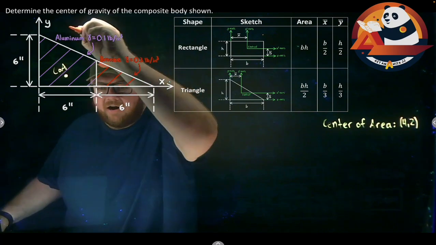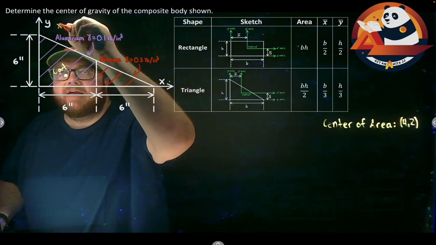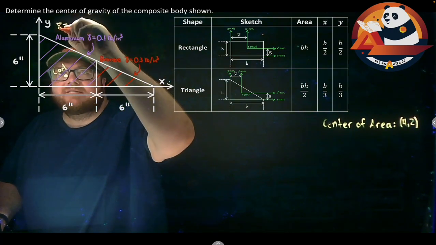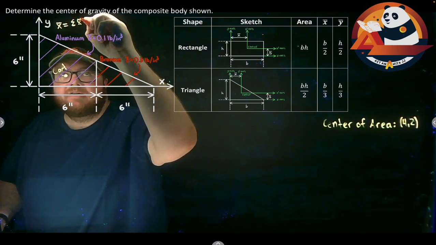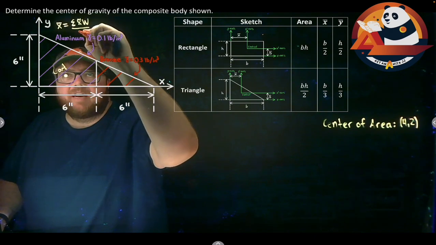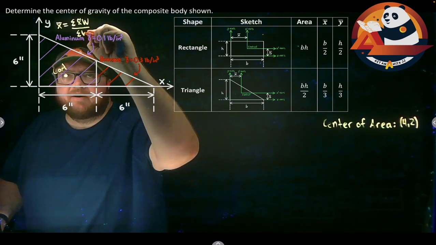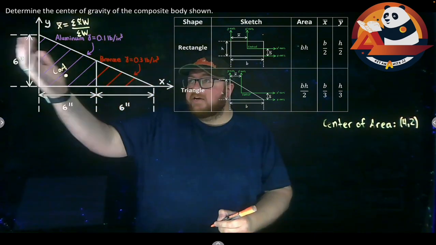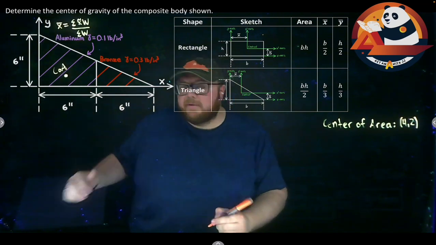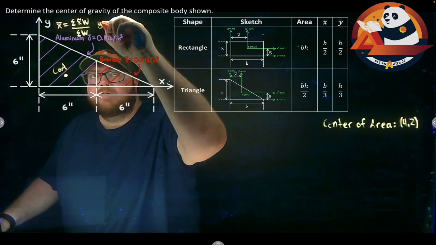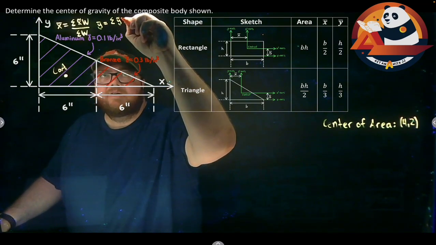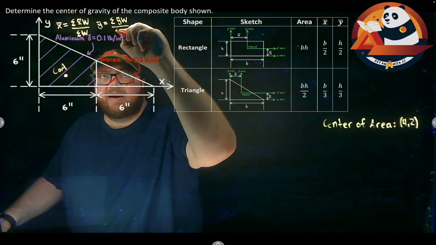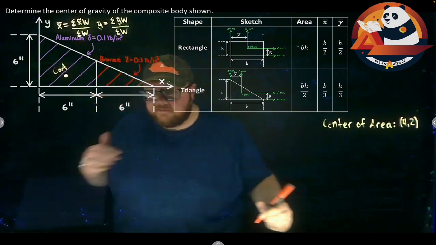So x bar is the sum of x tilde W divided by our total weight, the sum of W. We can do a similar thing for y bar. Y bar is the sum of y tilde W divided by our total weight.